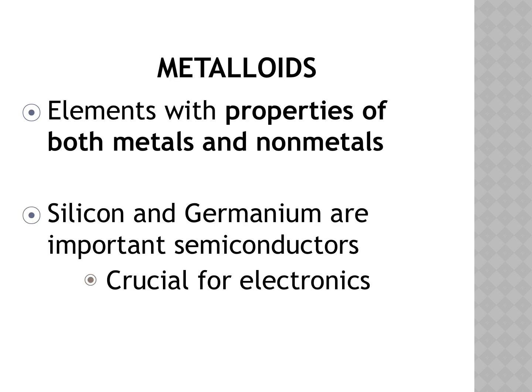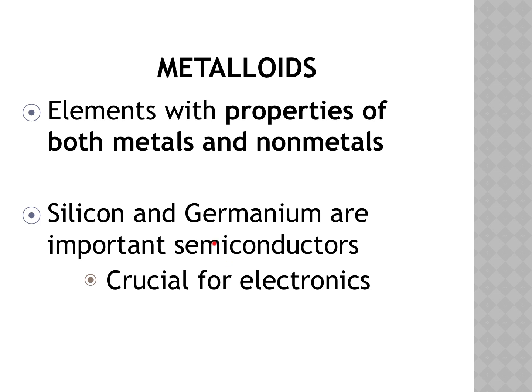Last, we have the metalloids. Metalloids are kind of the in-betweeners between the metals and the non-metals. So they have some properties of both metals and non-metals. A big property we're interested in is semiconductors. What does semi mean? What do you think, if it's a semiconductor, what do you think semi means?